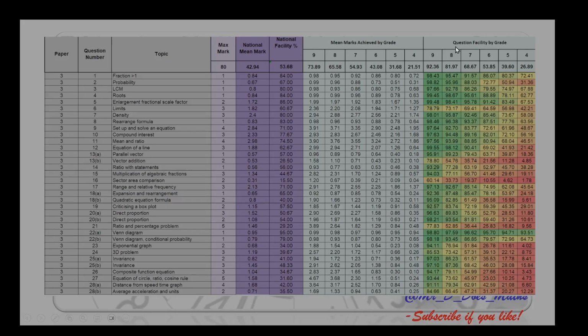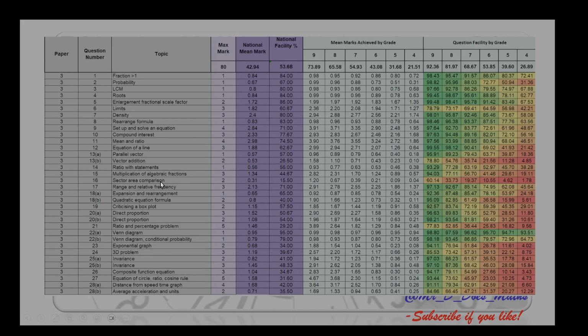The other thing that I've included on this is the question facility by grade, because I find that quite a useful tool. It tells you how difficult the questions were. For example, a good one to pick out would probably be this one here. On average, even the grade 9 students only scored 60% on this question, and that is quite middle of the paper.